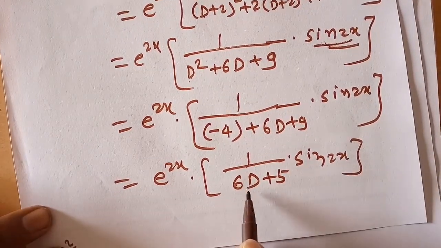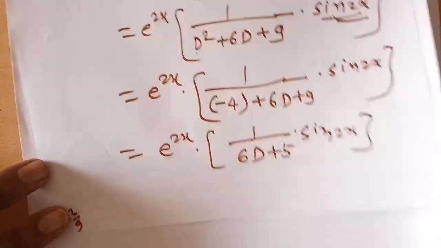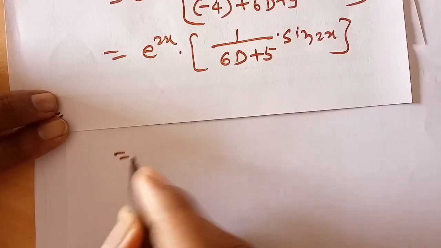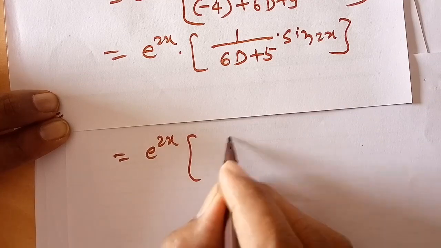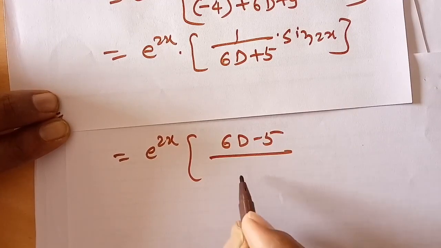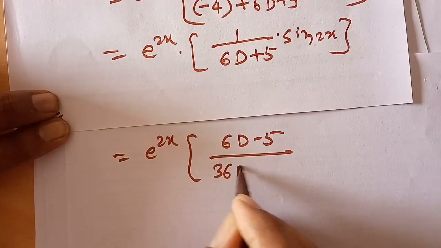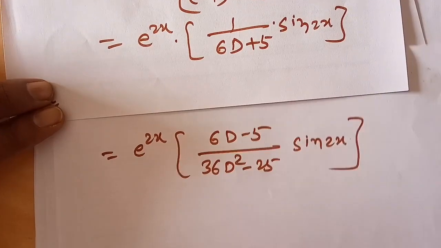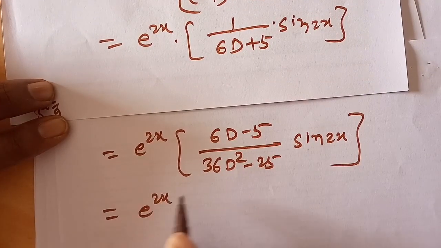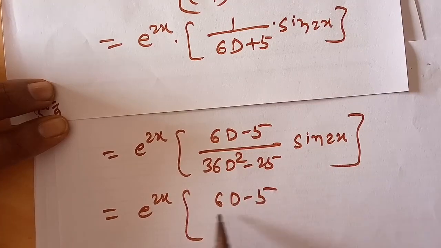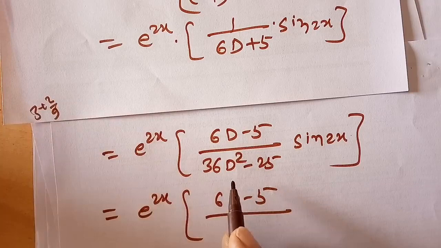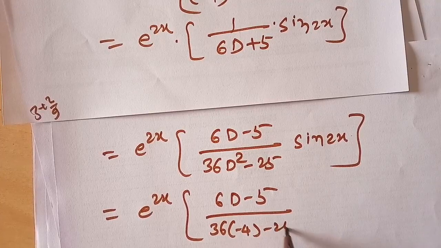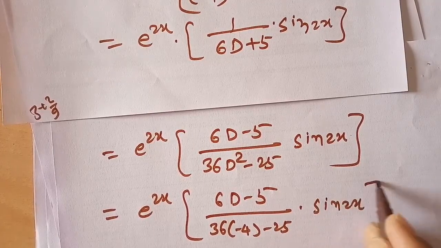Now here a square term is not there, therefore I will multiply and divide this by 6D − 5, so that in the denominator I get directly D² − 25 into sin 2x. This is equal to e^(2x) into 6D − 5, and we replace D² by minus a², so 36 into minus 4 minus 25 into sin 2x.